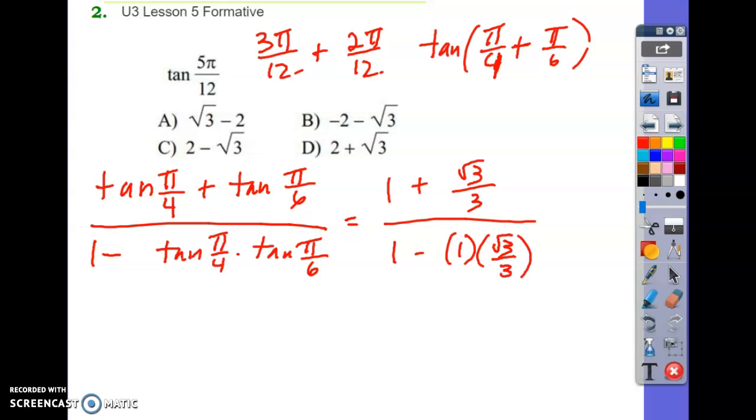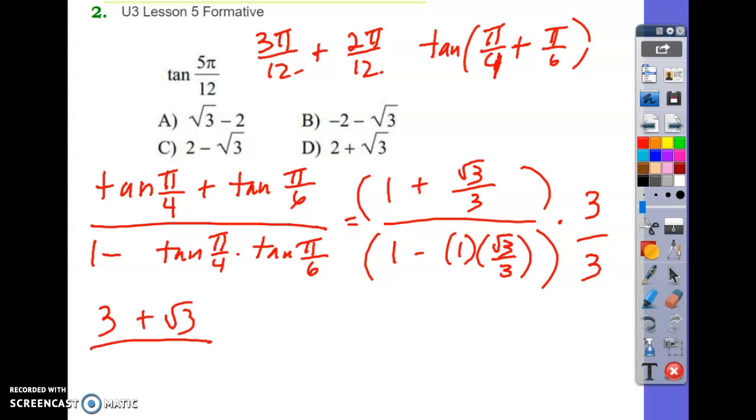All right, so I'm going to multiply both the numerator and the denominator by 3 over 3. Now remember, there's a parentheses around the entire numerator and the entire denominator. When I do that, I end up with 3 plus root 3 over 3 minus root 3.